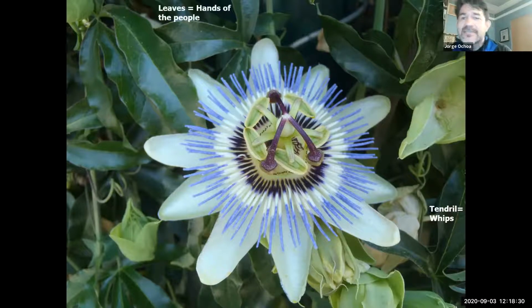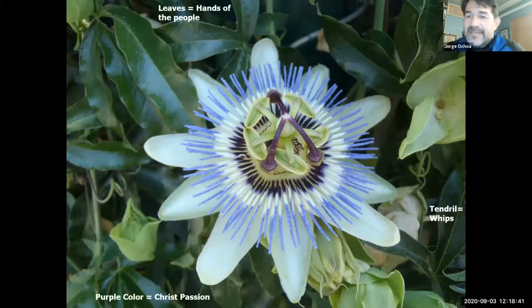The leaves, if they have 5 fingers so they look like hands, resemble the hands of the Romans who crucified him. The color purple on passion flowers represents Christ's passion, and that is why the plant is known as passion flower, because it has the passion of Christ.